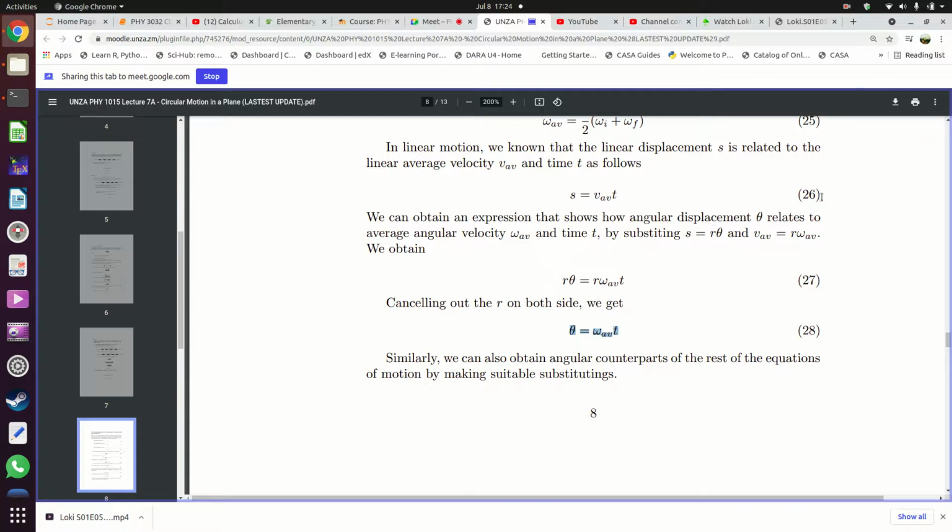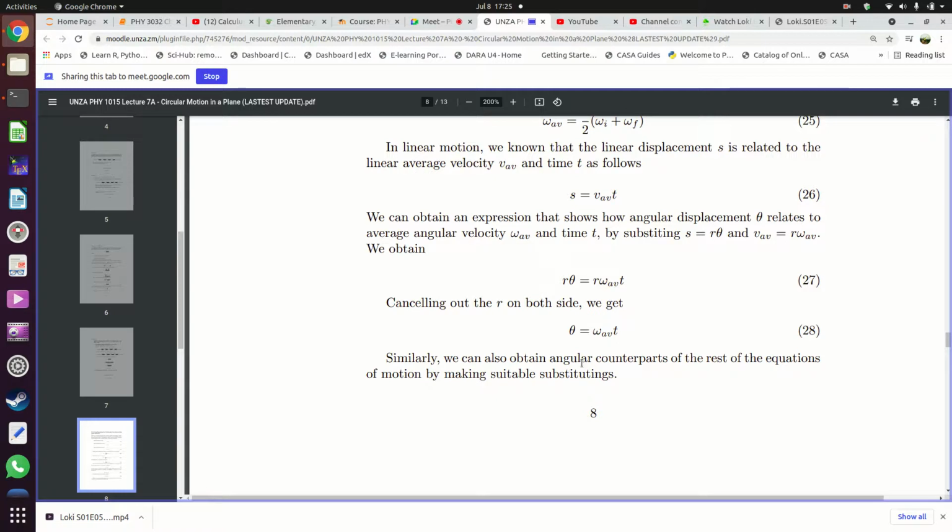Equation 26 and equation 28 are carbon copies of each other. How? This S is in a straight line, but when you're moving in a circle, S turns into theta. Then this V is when you're moving in a straight line, but when you're moving in a circle, V turns into omega. Then of course the time remains unchanged.